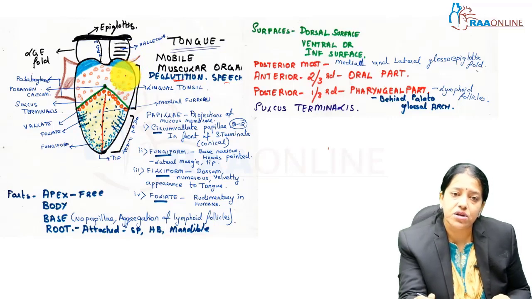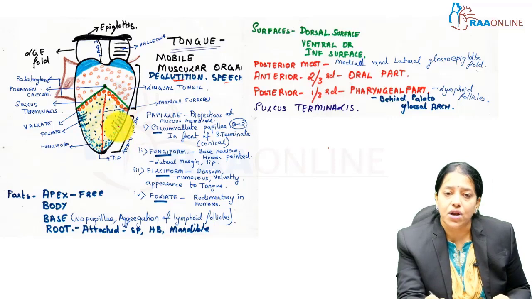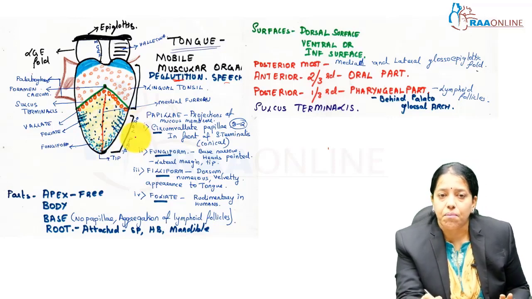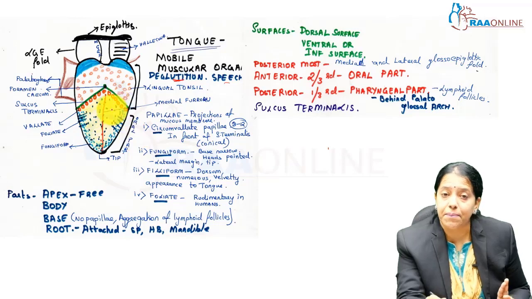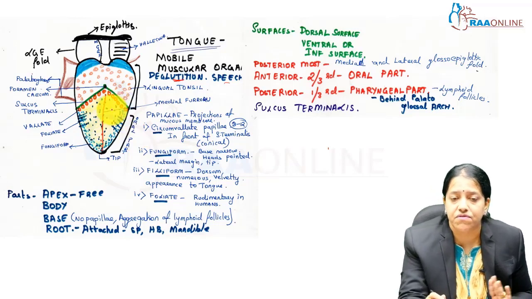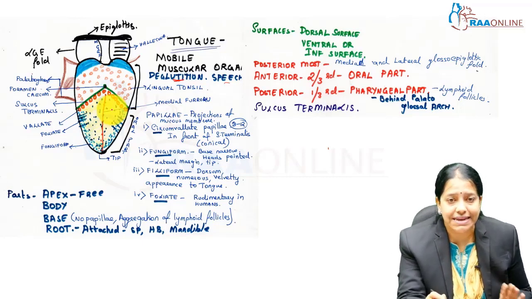The anterior 2/3 of the tongue is also called the oral part of the tongue, and this is the place where the taste sensations are maximally picked up. So another very important function of the tongue is the taste sensation.